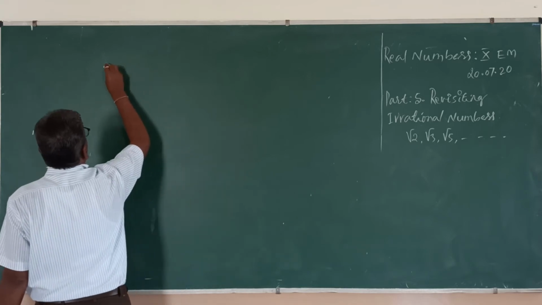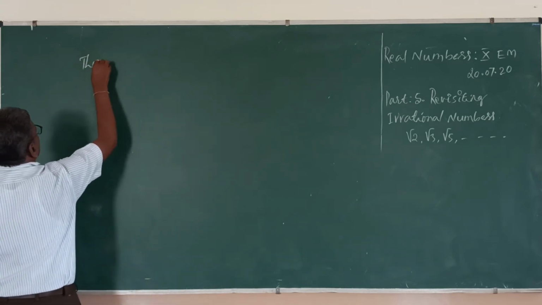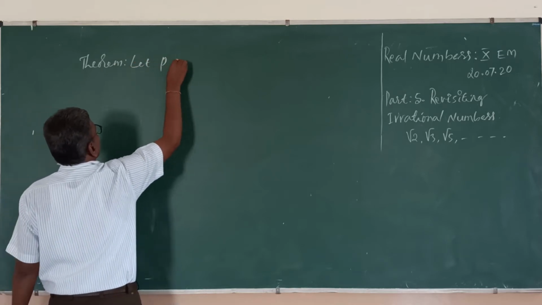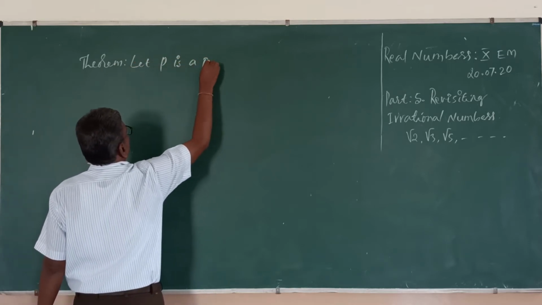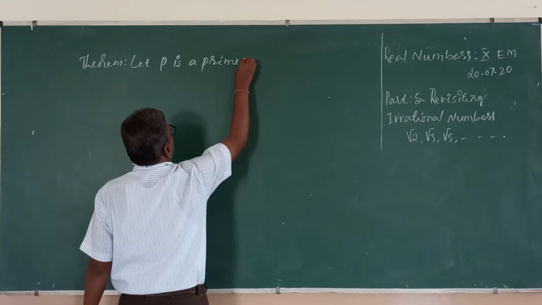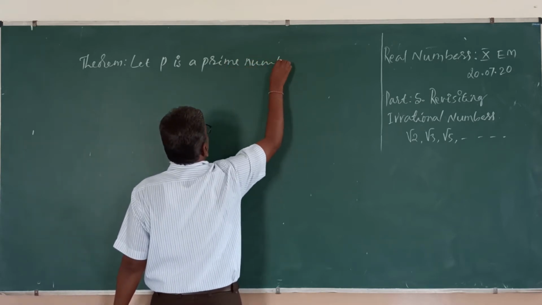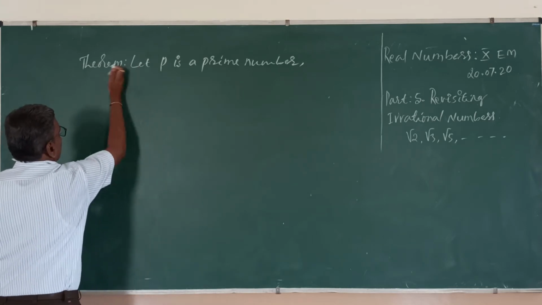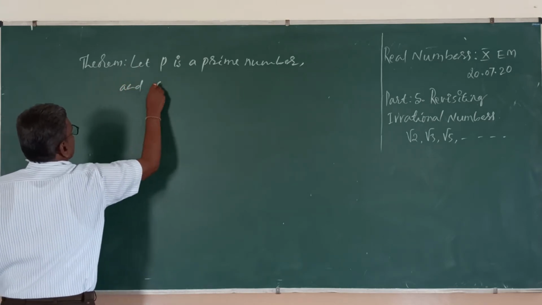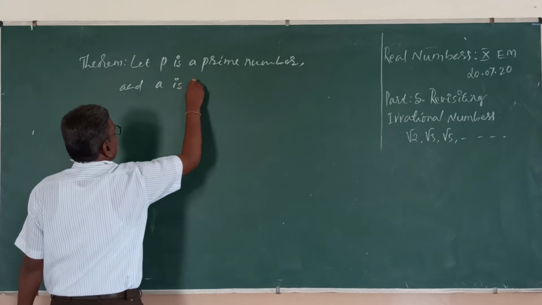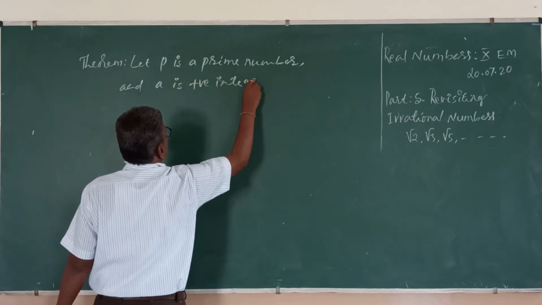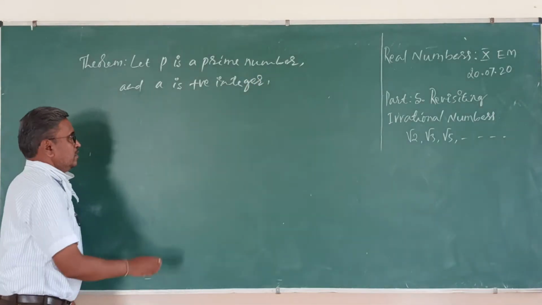You can write it in the form of a sentence, in the form of a theorem. P is a prime number and a is a positive integer.